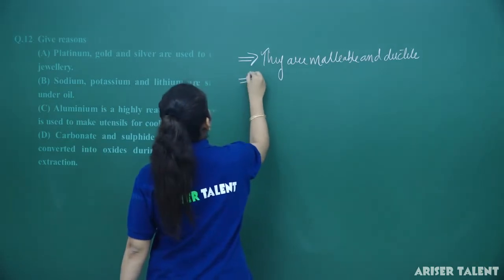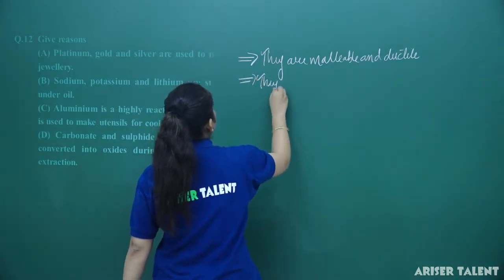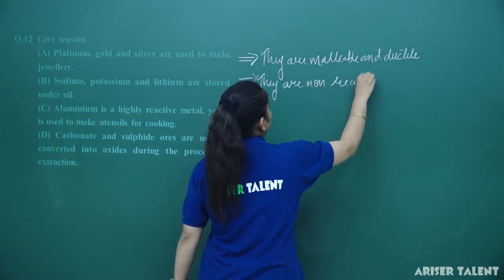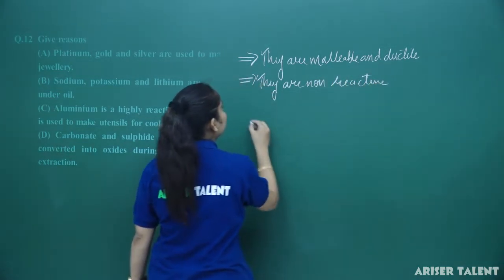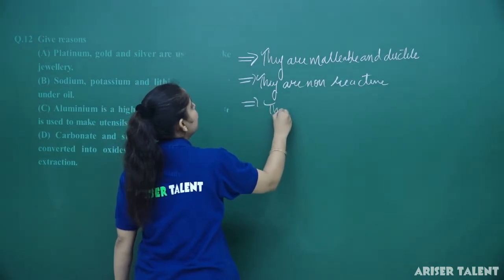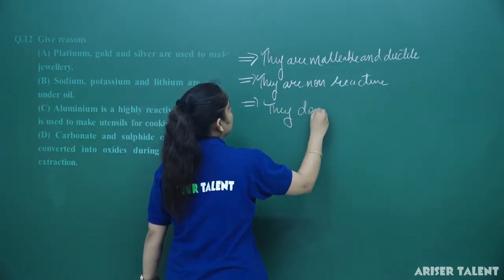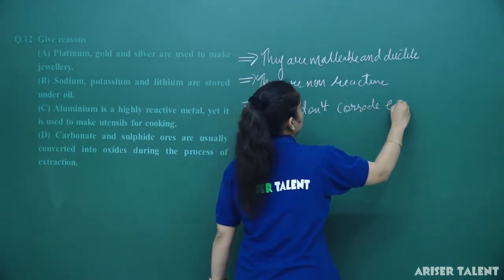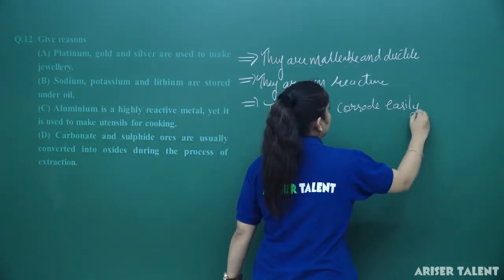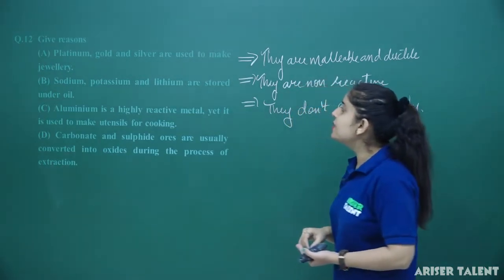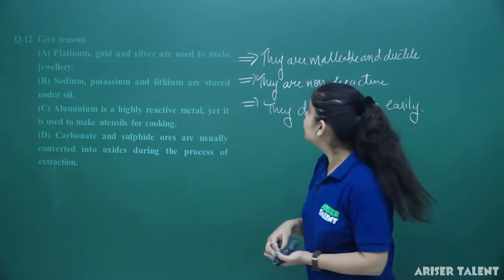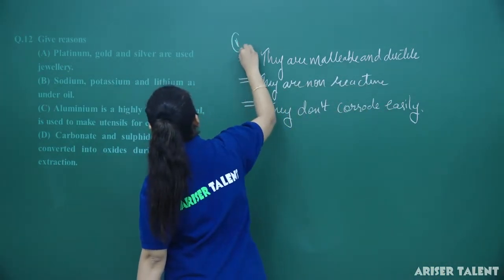Second one is they are non-reactive. And the third one is they do not corrode easily. Clear? So these are the reasons that we prefer jewelry made up of platinum, gold and silver. So this is our first part.